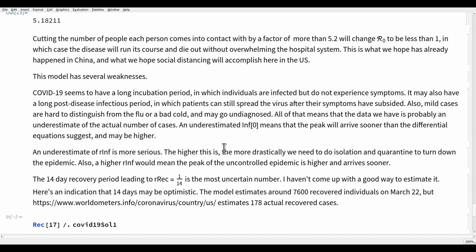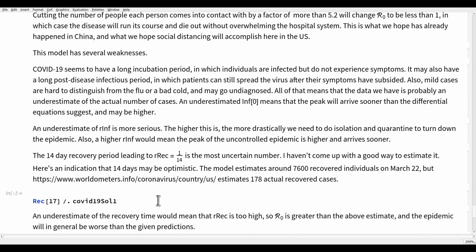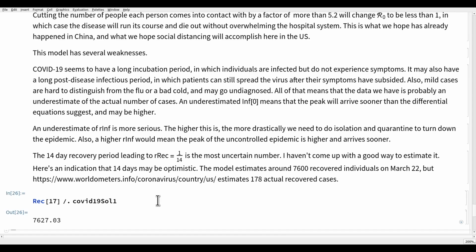I don't really know. I do have this calculation that I can show you. So this is with the original solution without social distancing.